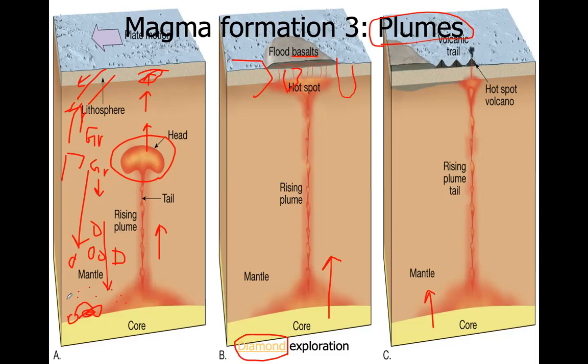Individual diamonds are formed in the lower mantle because of this material going down deep into the mantle. So these diamonds, which are abundantly available in the lower mantle, can be carried by the plume magma.